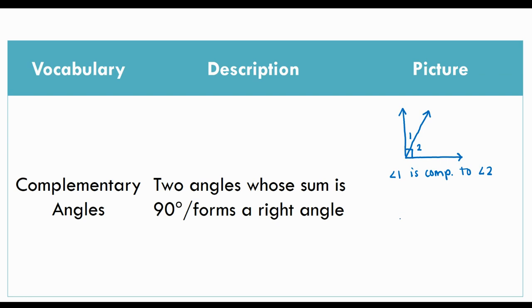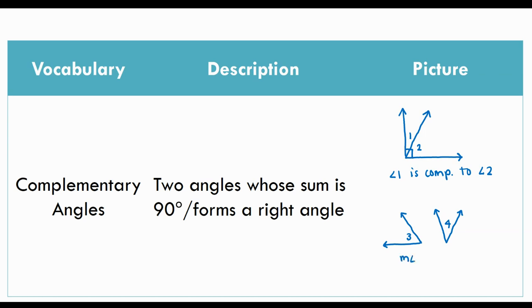Okay, so then another picture I just want to show you. Angle 1 and 2 were connected together. Here I've got a picture. There's angle 3, and here's angle 4. So you could technically have two separate angles.